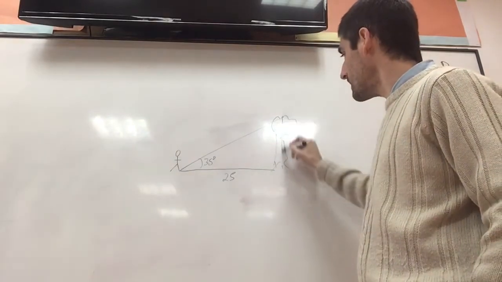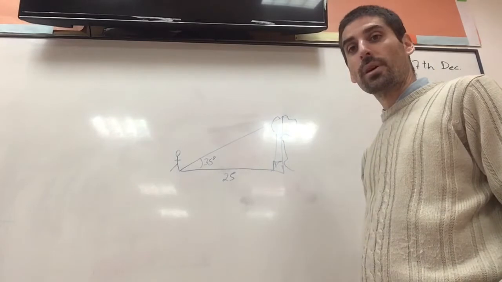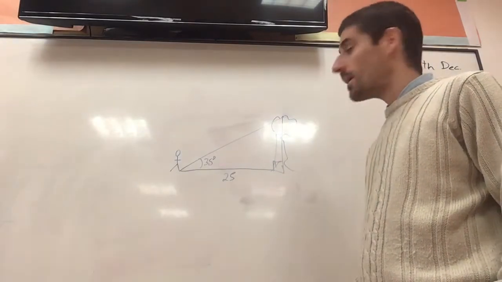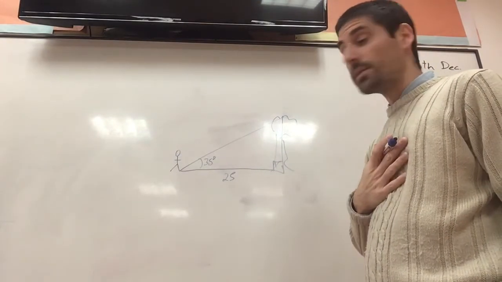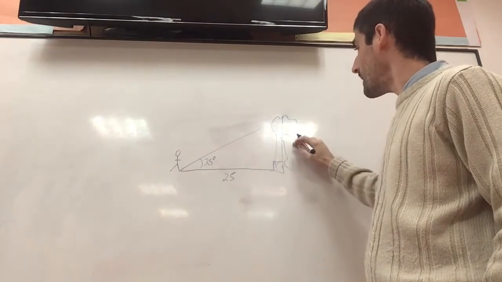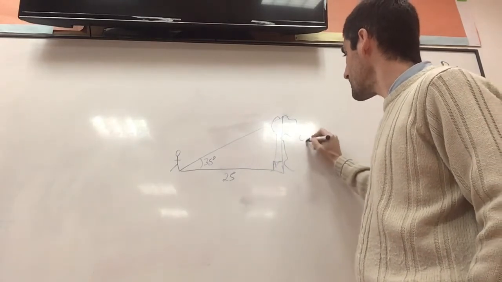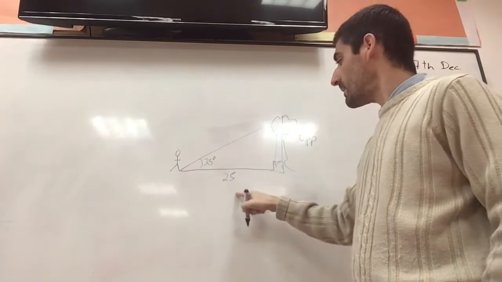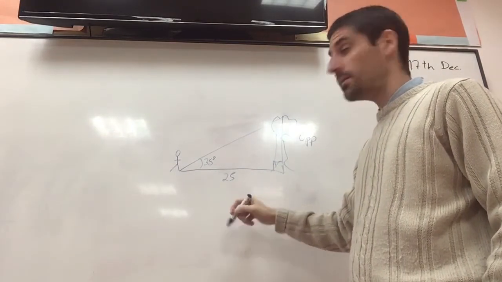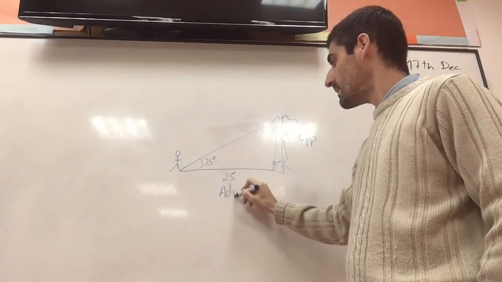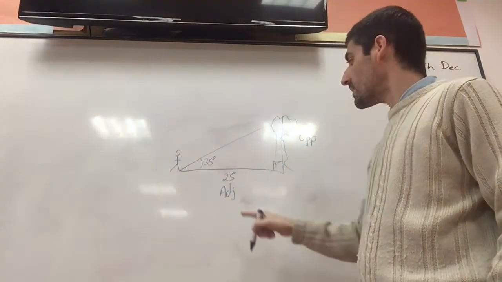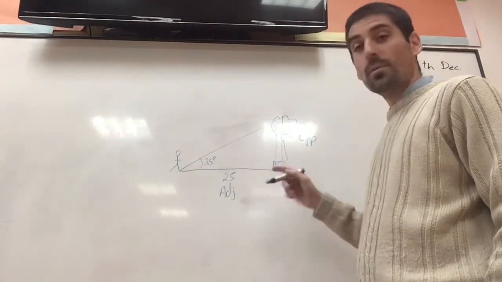Well, clearly you can see that we've got a right angle triangle there. If they ask me to find the height of the tree, that's going to be the opposite side to where I am, and the 25 is going to be the adjacent side. So I know the adjacent. I want to find the opposite side.